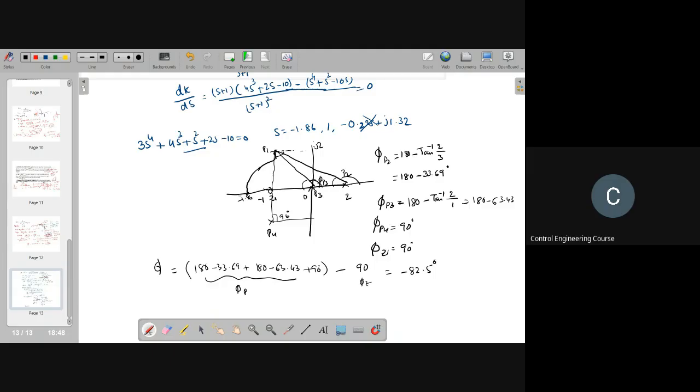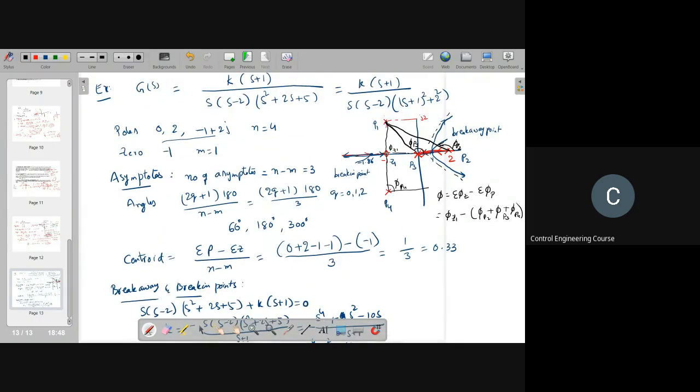This is the breaking point, and from here one path reaches to 0, another one reaches to minus infinity. So the overall path plot, this is how the root locus looks.